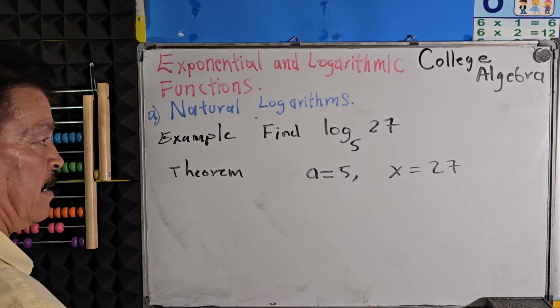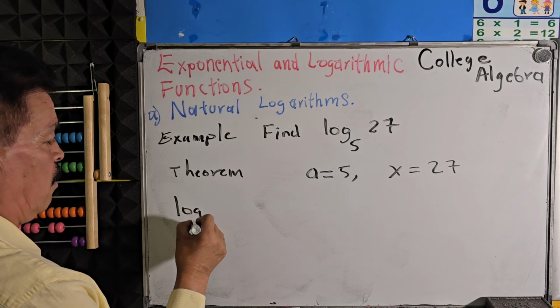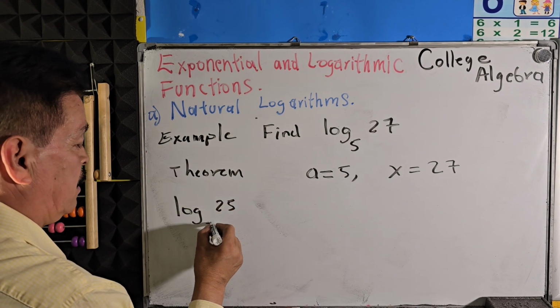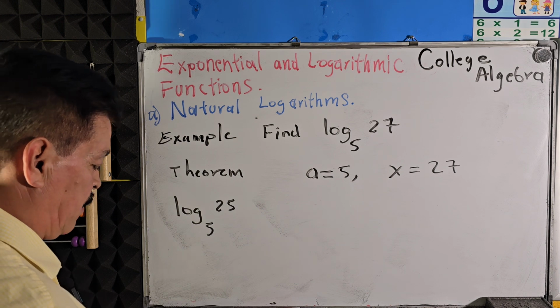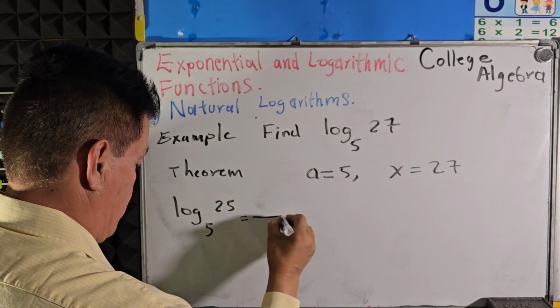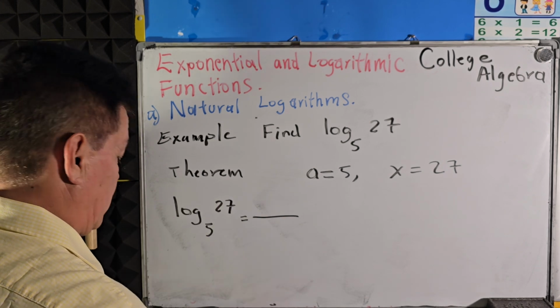The numbers are right there. So now just use the formula right here. The log of 27 with the base 5 is equals, 27, not 25, yeah, 27.